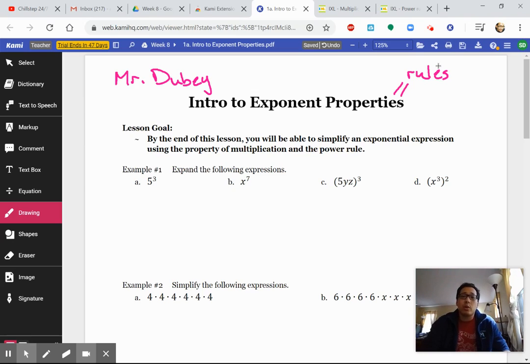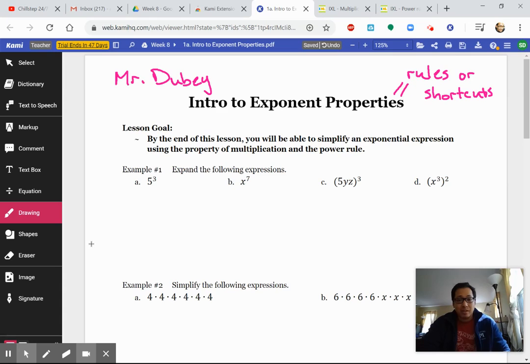You could think of them as shortcuts to rewriting exponents. Rules or shortcuts. I'm going to try to keep this video short because I know last week I posted like 3 videos, and I'm sure very few people watched all 3 of them.